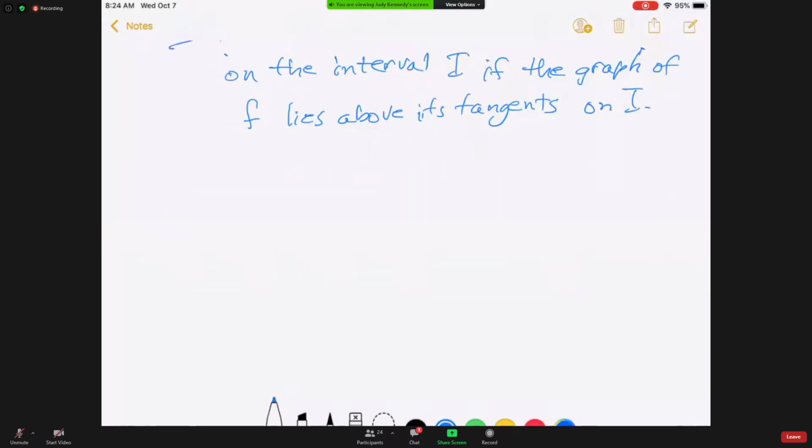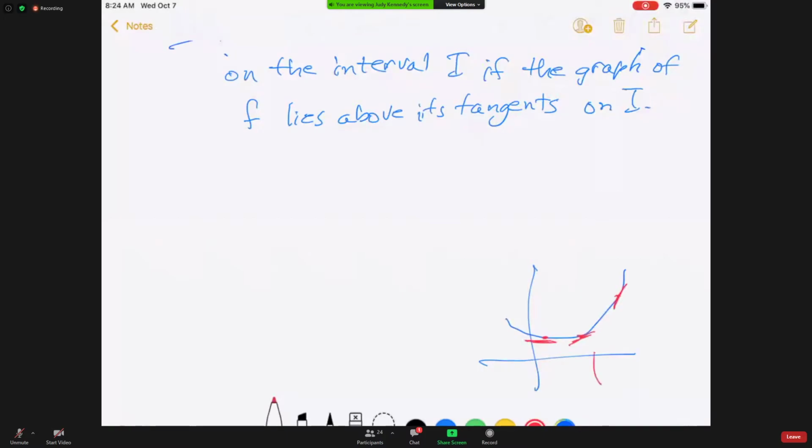Got a picture. If f looks like this, that's the graph of f. Notice that if I draw a tangent line at any place in that interval, the tangent line looks like that, tangent line looks like that.